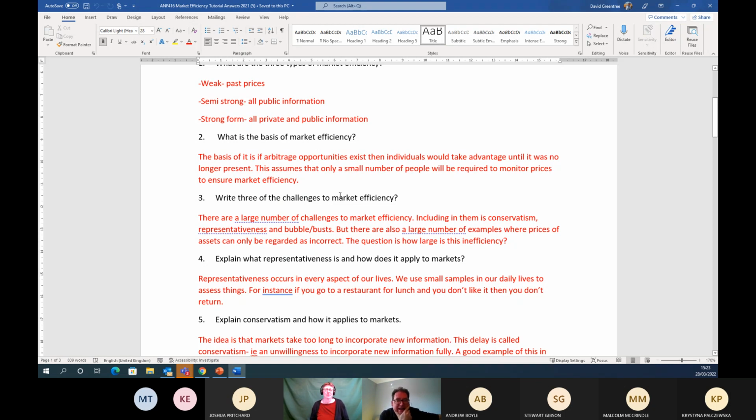There is also the fact that things on the market can be incorrectly priced. And there's been a huge number of examples of assets being incorrectly valued. And the real question then is, how large is the inefficiency?